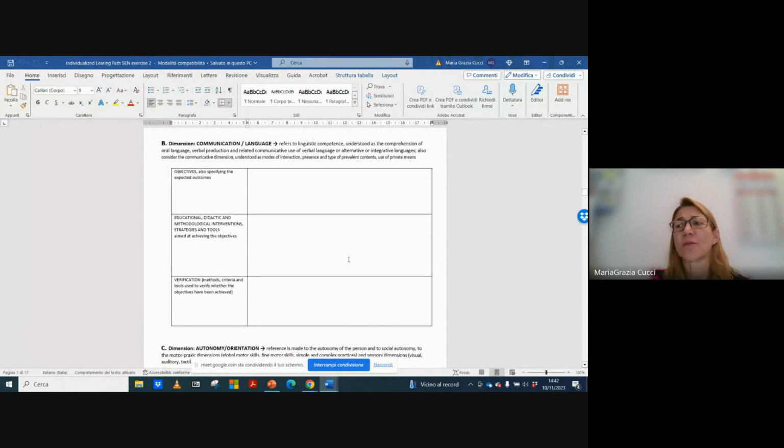I'm thinking about, for instance, computer-aided design. This is not, of course, an oral language, not exactly a verbal language, but it's something that we can consider as a specific language in order to make us understand the comprehension of the way to plan and to produce a particular mechanical part.